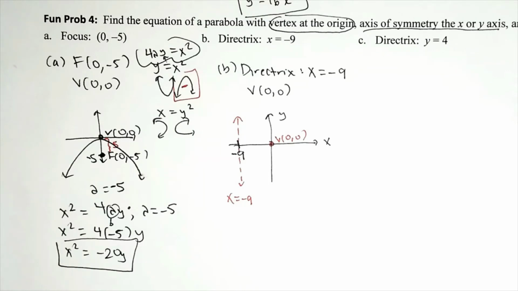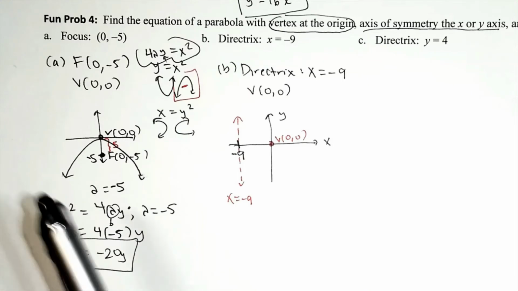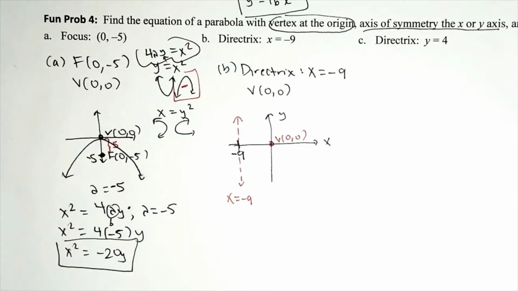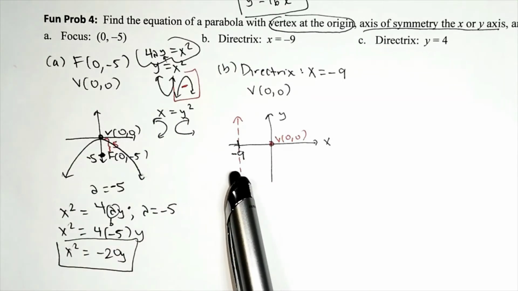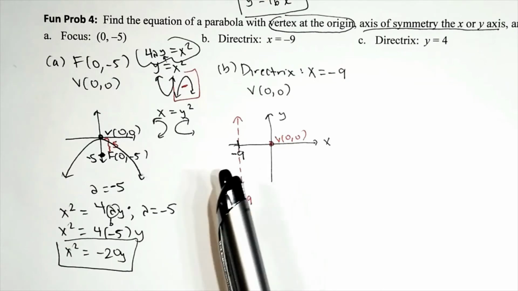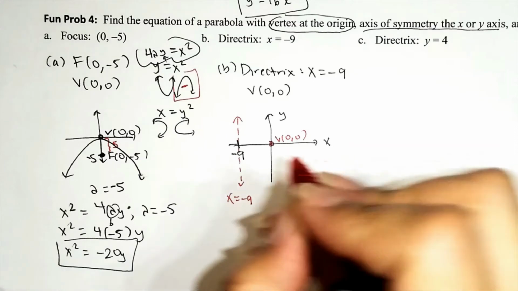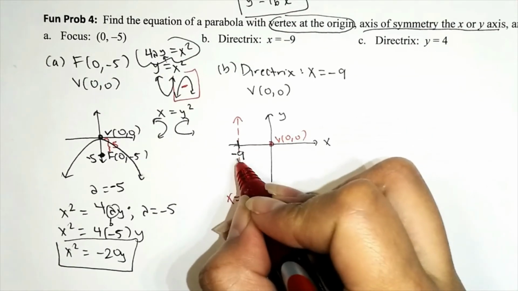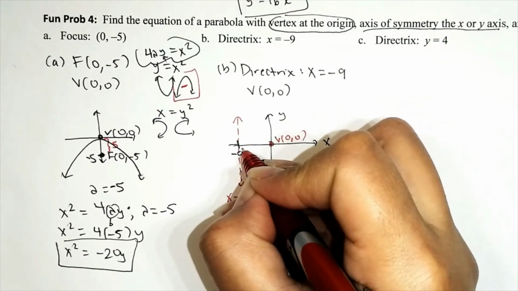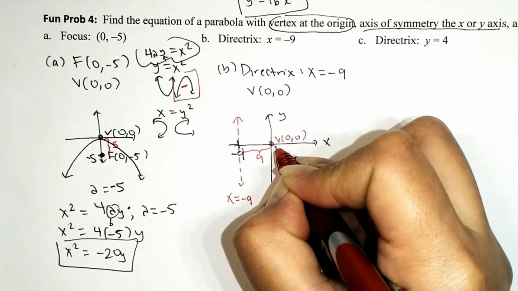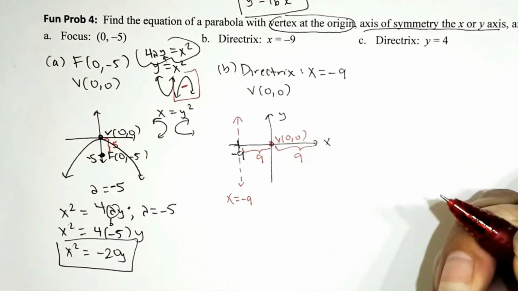So the question is, how is the parabola going to open? Is it going to be up, down, or side to side? Well, the directrix is on the opposite side of the vertex. Okay, so the focus should be on this side. So let me go ahead and label what I was going to do. The directrix is 9 units away from the vertex. So that means that the focus should be 9 units away as well.